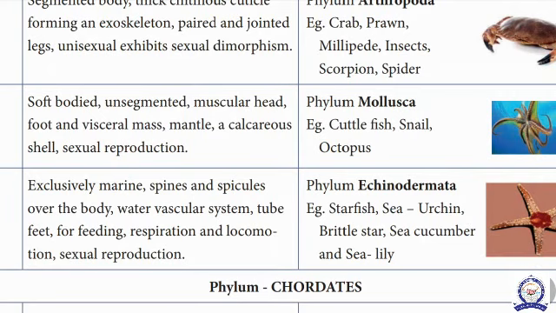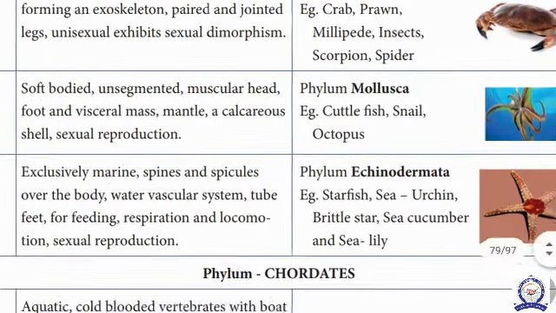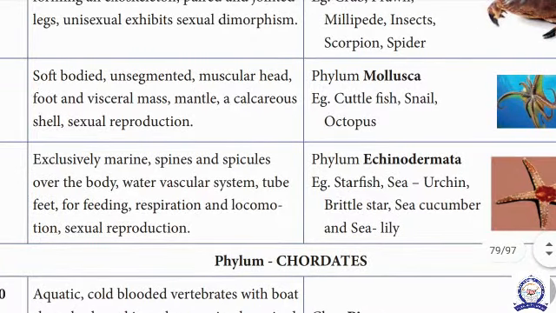The next phylum is phylum Echinodermata. Echino means spiny-skinned organisms. This group of organisms is exclusively marine. Marine means they live in salt water. The outer surface of the body is made up of spines and spicules.